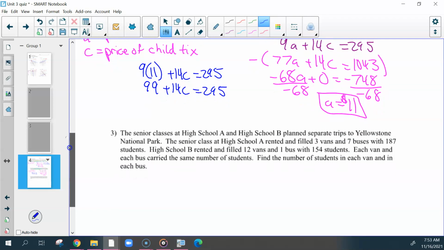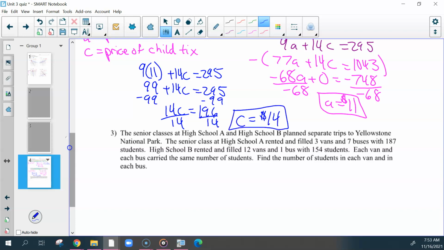And then you could solve for C. So here I would subtract 99 to both sides. And divide. So C should have been $14. Do we have any questions on that one?